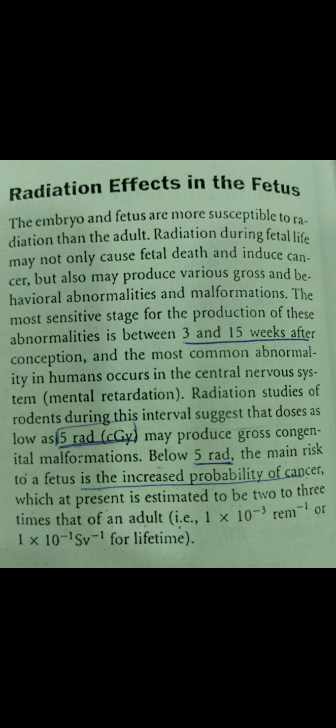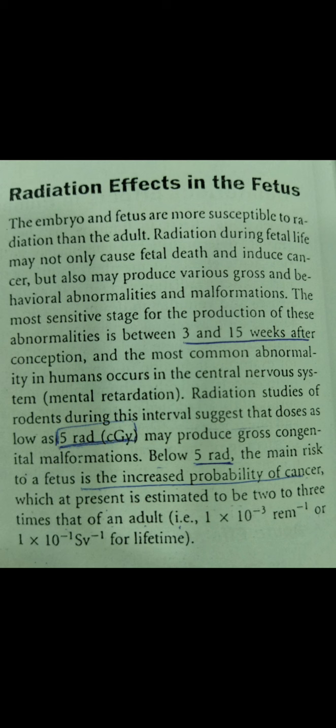The last topic which we will talk about is the radiation effects in the fetus, and we know that there is a most sensitive stage for these effects to be produced, and these effects can cause abnormalities. This time period is between 3 to 15 weeks after conception.